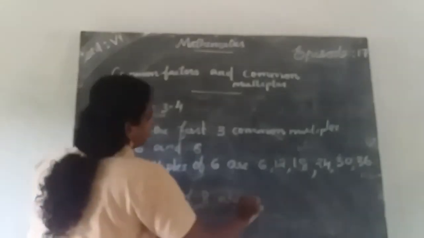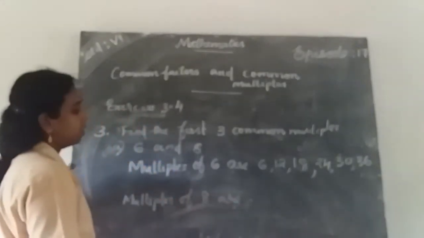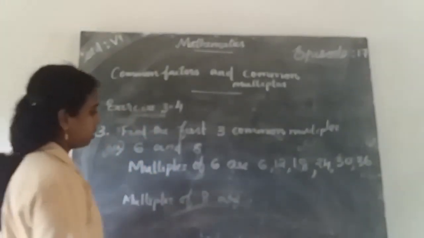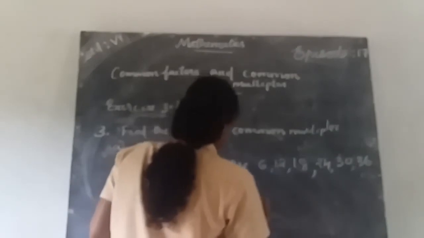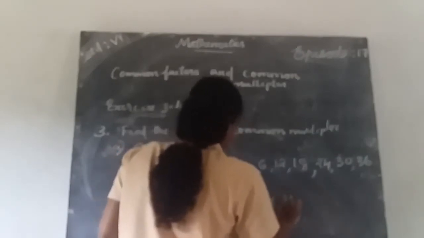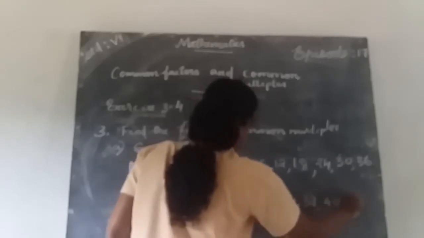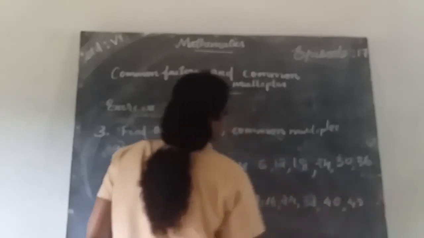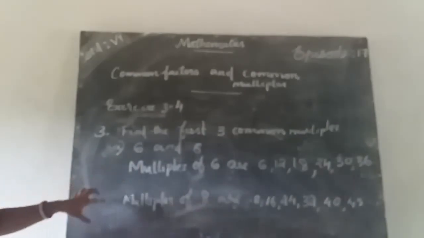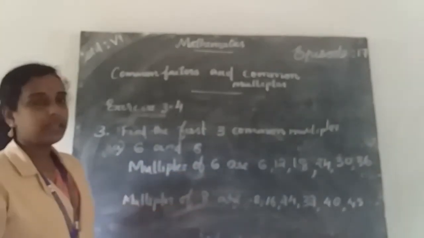Multiples of 8 are, write the table of 8. 1 8 is 8, 2 8s are 16, etc. Okay.